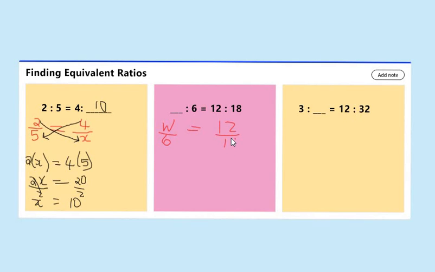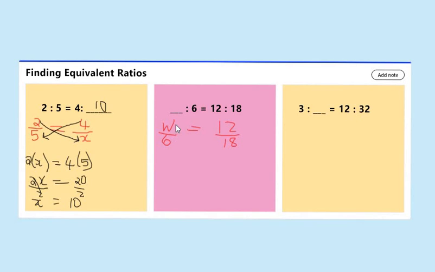You perhaps can look at this and determine what the missing value is. Hint, try to simplify this fraction, see what this ratio simplifies to, and perhaps you can guess what the missing number is. All right, but let's go the long way.